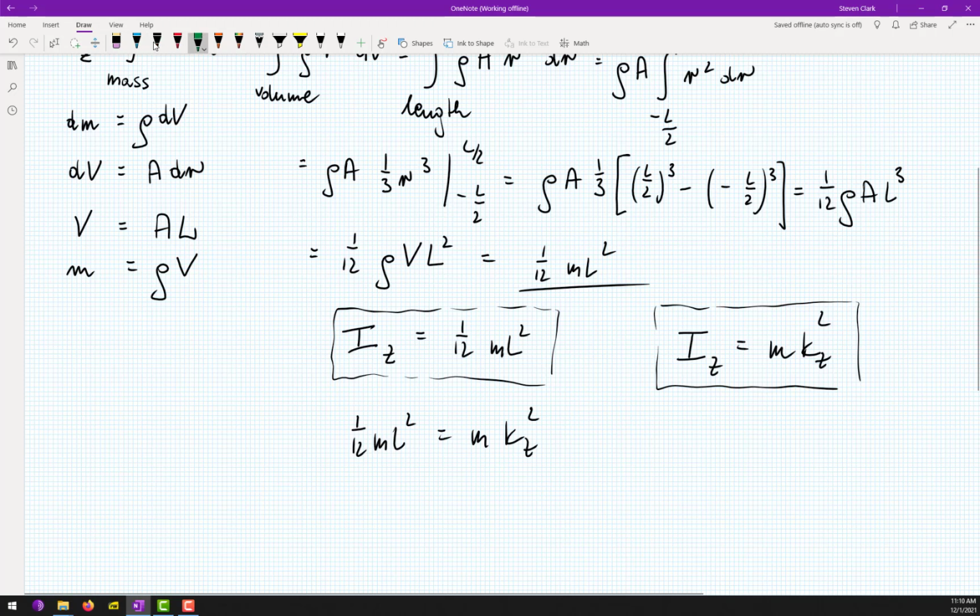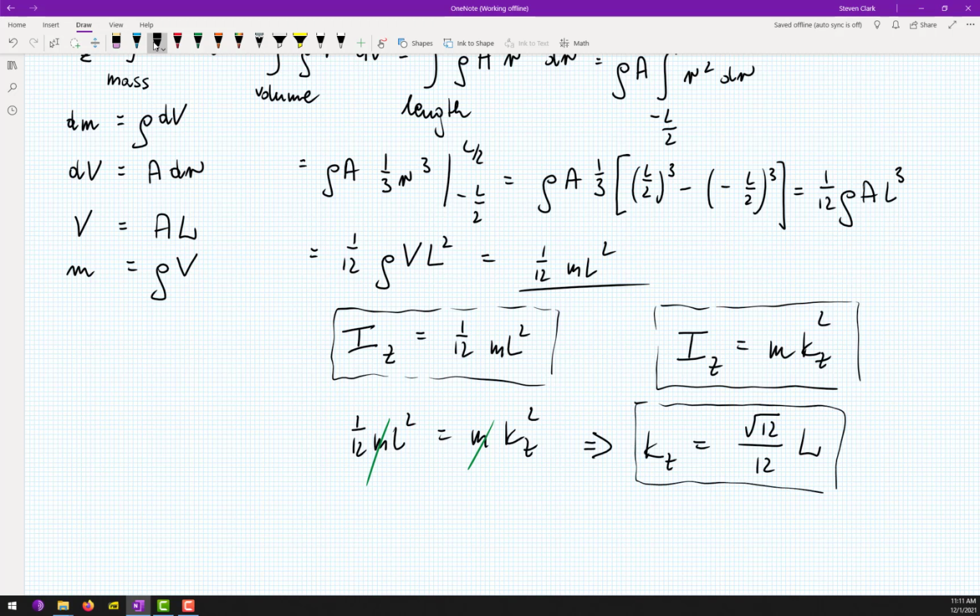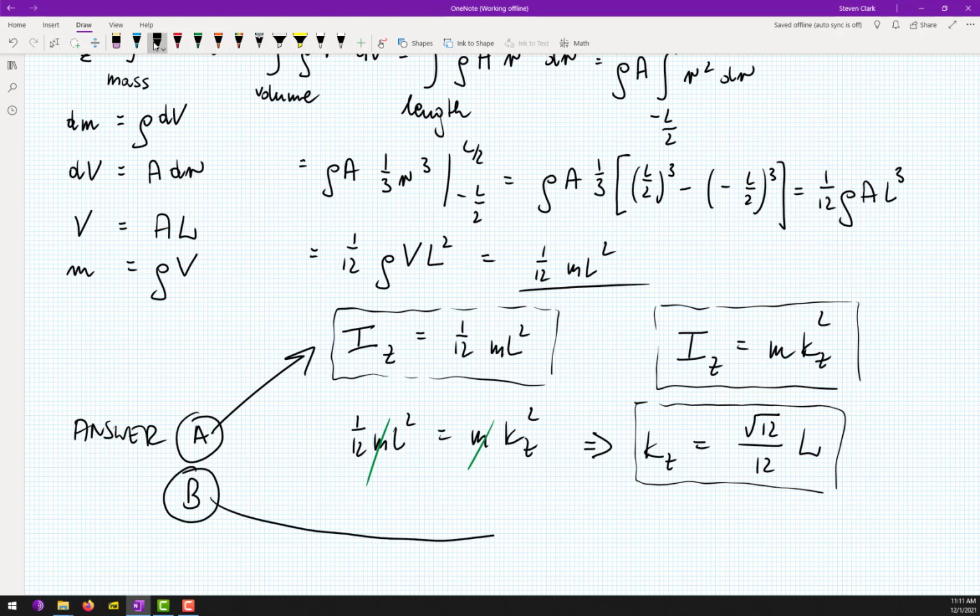M cancels out, and we end up with kz equal to square root of 12 divided by 12 L. Okay, so this is the answer to part A, and this is the answer to part B. Any questions?